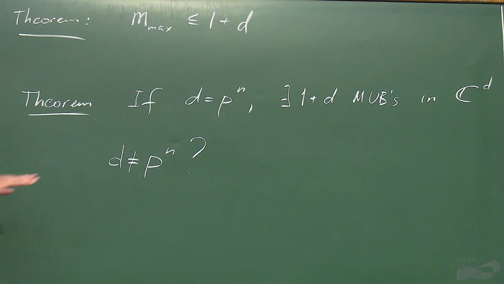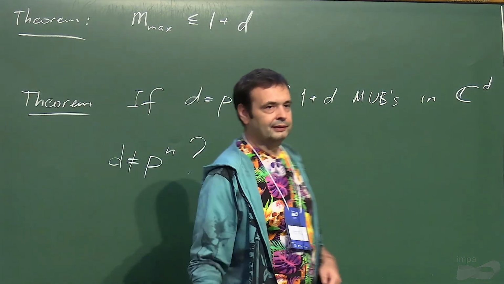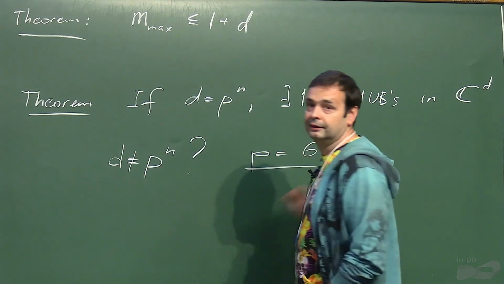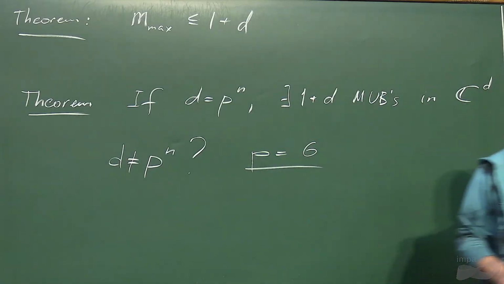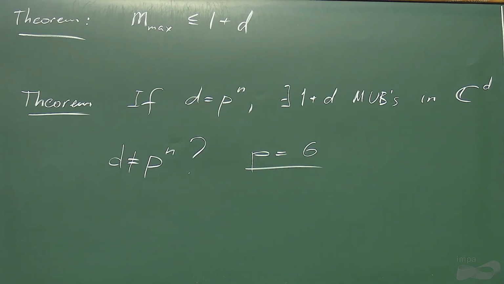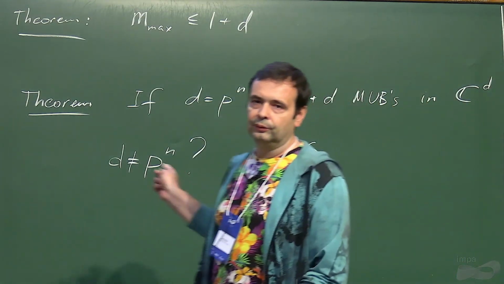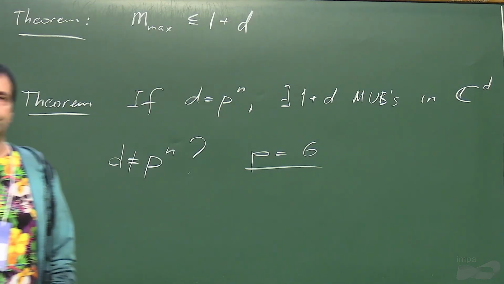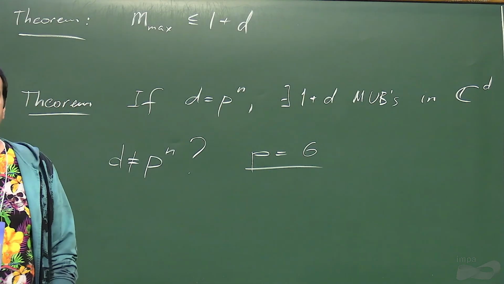Right, so the case when d is not a prime power is completely open. Even the case d equal to 6 is open. So let me tell you a few things that are known. If d has two different prime power factors, then you can do a tensor product construction in the following way.